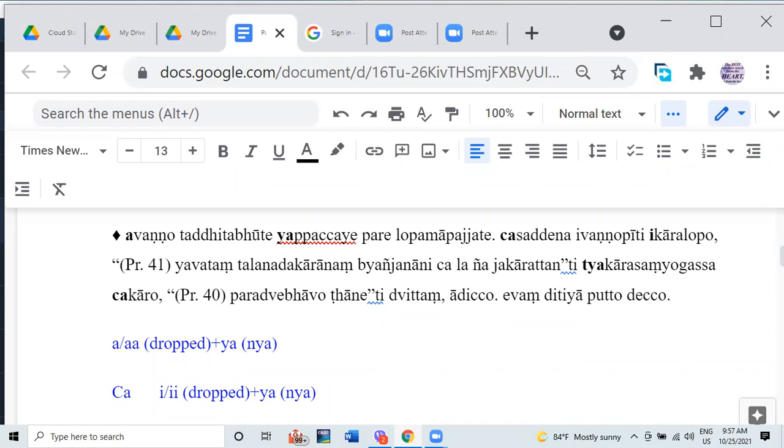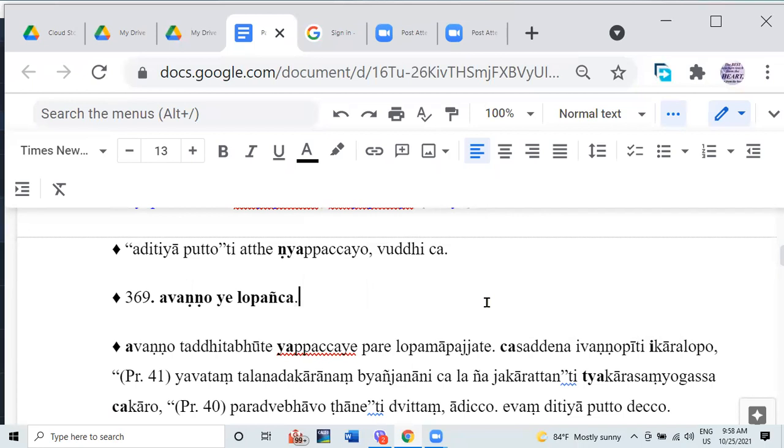Tija, here there is O, and then it changes to A. Dijo, the same as Adijo. So, any question about this paragraph?